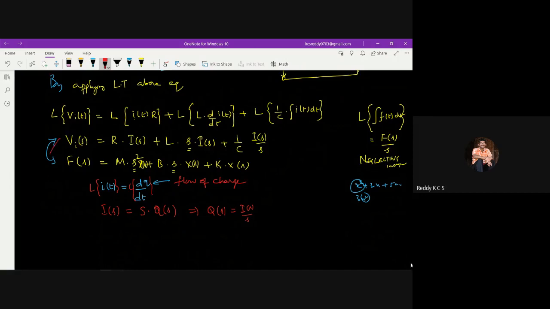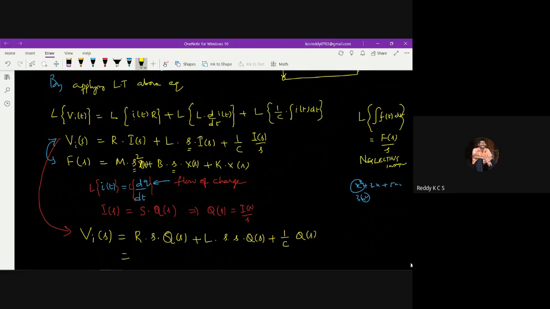So from this equation I can rewrite the V(s) equation, which is equal to R into I(s), and I know I(s) is s into Q(s), replacing with the rate of flow of charge, plus L into s into s into Q(s), plus 1 by C into I(s) by s, where directly I can write Q(s).